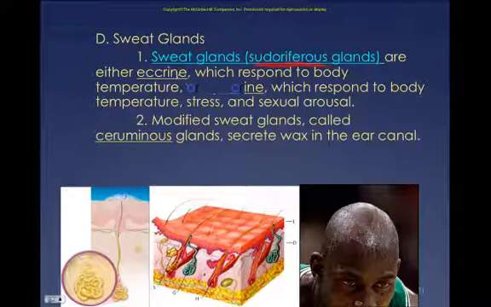Eccrine sweat glands are going to be the sweat glands that are mostly responding to body temperature changes. So again, when you're hot, these are the sweat glands that are going to secrete the material that makes up your sweat when you're responding to an increase in body temperature.